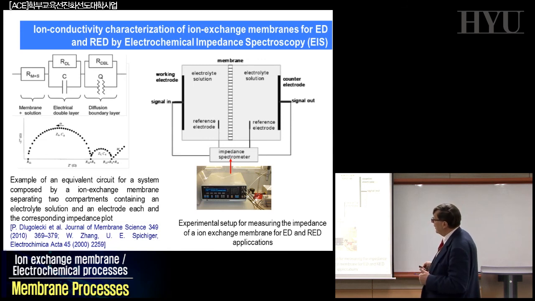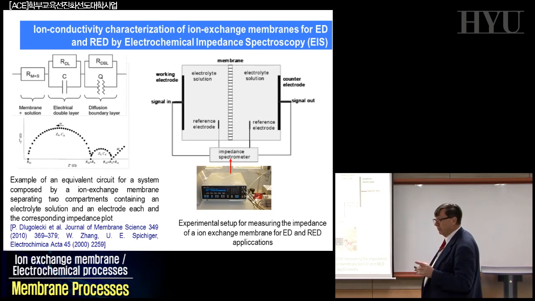And first of all, you can make an analogy of your system with an electrical circuit, where you can subdivide the overall resistance in terms of the membrane solution resistance, the electrical double layer resistance, the diffusion boundary layer resistance, which is impossible to do with the traditional system. This gives you a little more information, including what we call the intrinsic membrane resistance, this term here, related just to the membrane without any boundary layers.